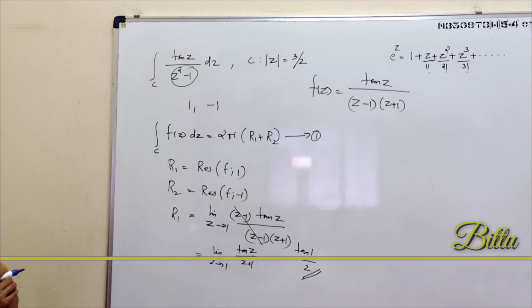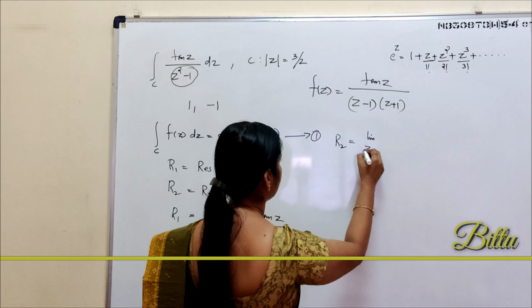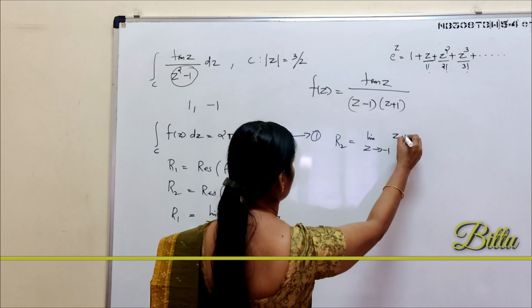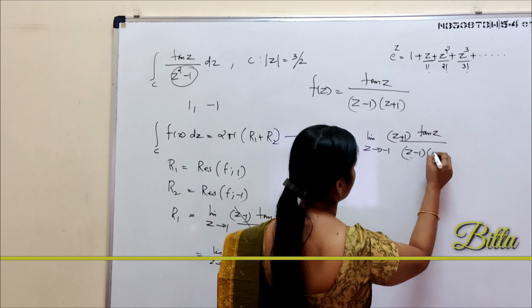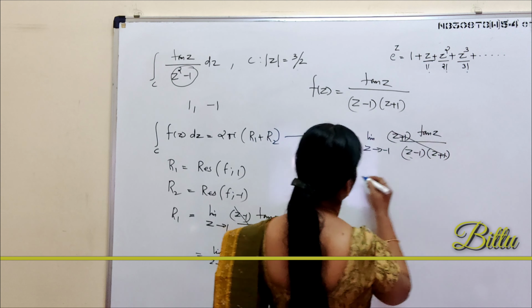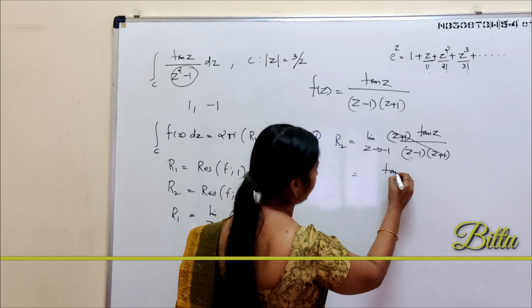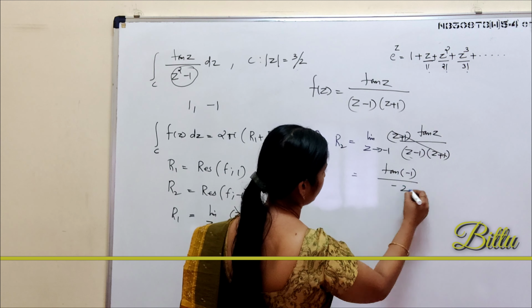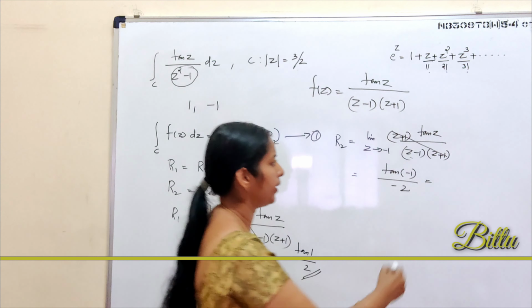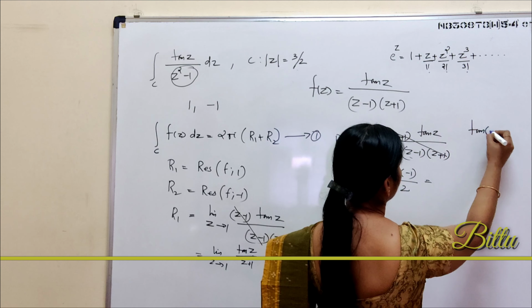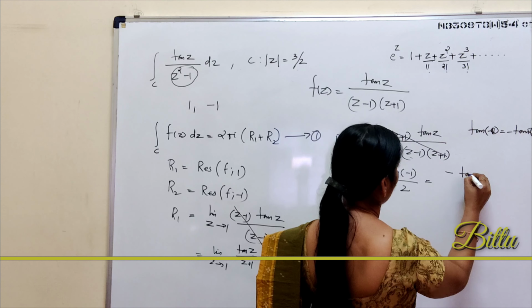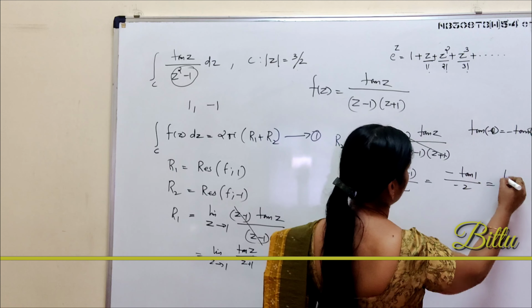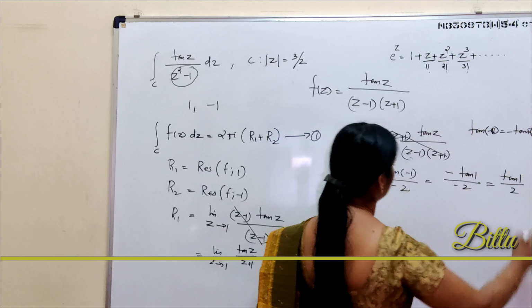Similarly, R2 is limit z tends to minus 1, z plus 1 into f z. Tan z by z minus 1 into z plus 1. You put z equal to minus 1, tan of minus 1 by minus 2. Tan minus theta is minus tan theta. So it is minus tan 1 by minus 2, so tan 1 by 2.